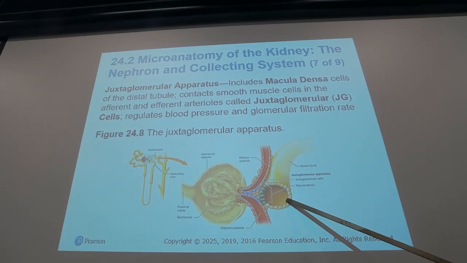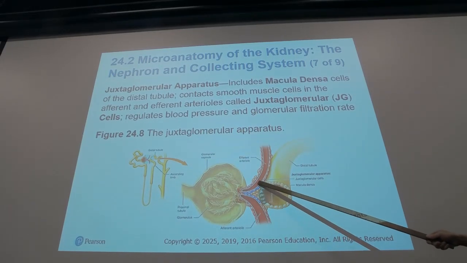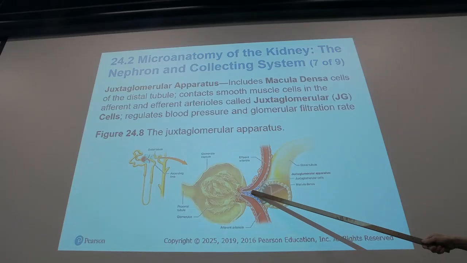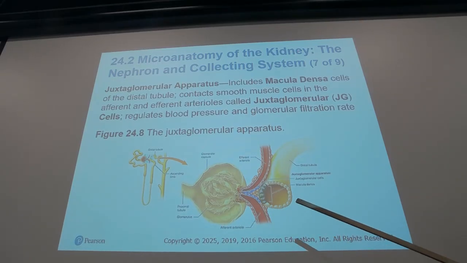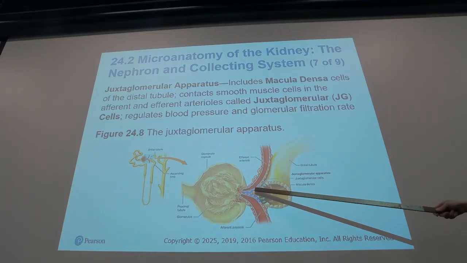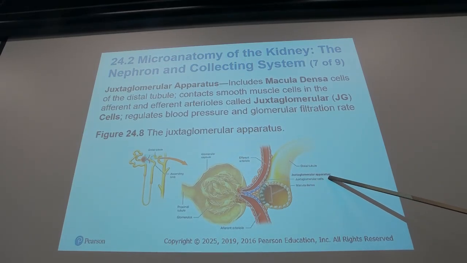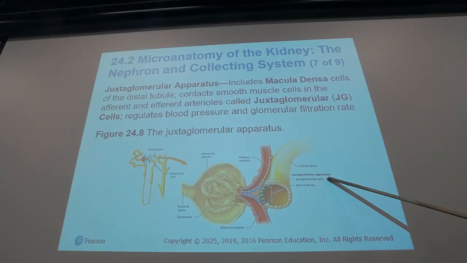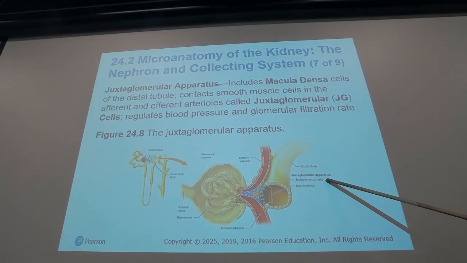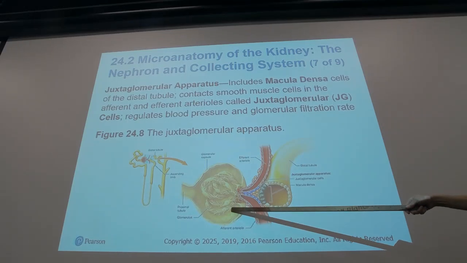The macula densa cells are part of the distal tubule, and the juxtaglomerular cells are part of the space between the efferent and the afferent arteriole. All together, the juxtaglomerular cells and the macula densa cells are the juxtaglomerular apparatus. Juxta means nearby, so it's the apparatus nearby the glomerulus.